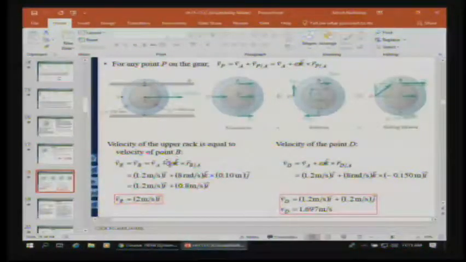All right. Now, here's a little bit more of a vector treatment, which is really the way I would recommend that you do these problems, just because it works well every single time.